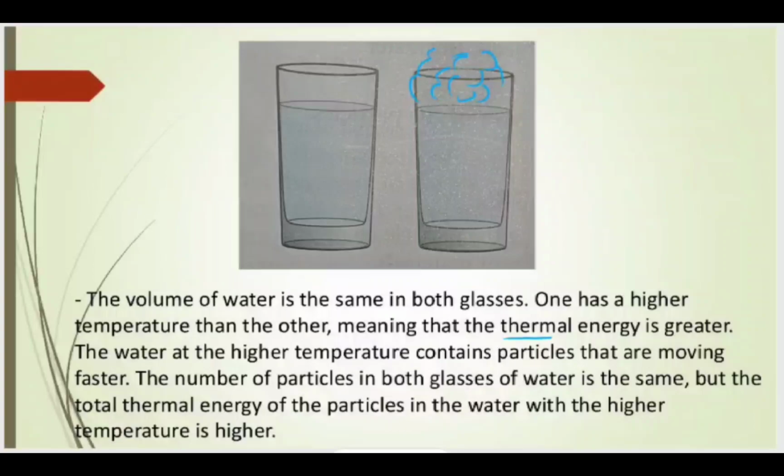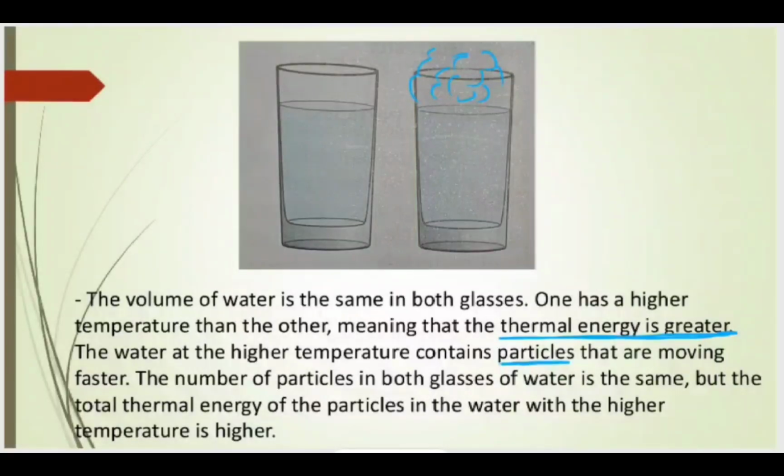That means the thermal energy of the one which is hotter is greater, right? The water at the higher temperature contains more vibrating particles, correct? So how will heat be measured? Heat will be measured by how much energy the particles have to vibrate.